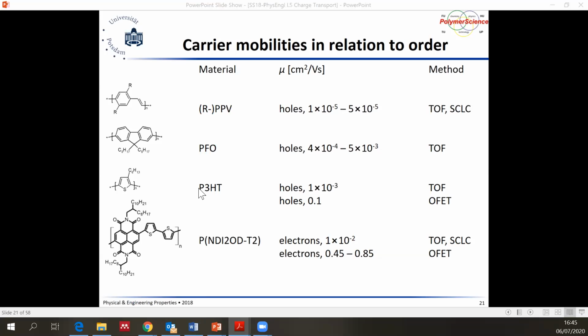So you can see, for instance, in P3HT, when it's measured with OFET, it's about 2 orders of magnitude higher than when it's measured with time of flight.